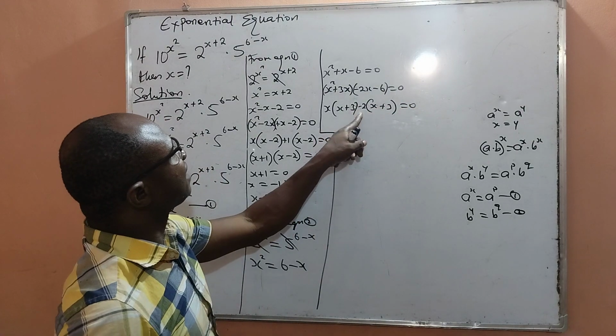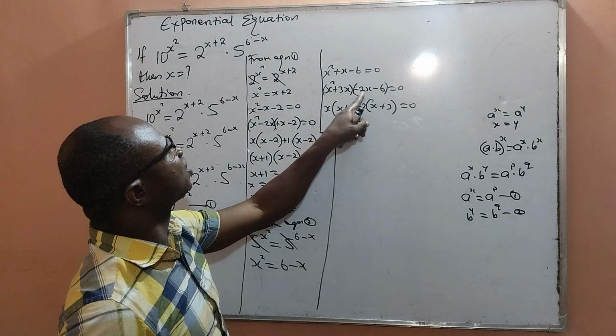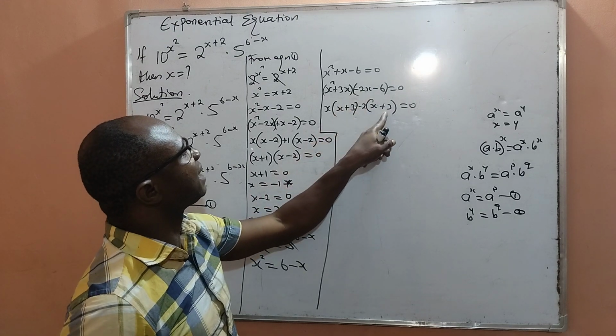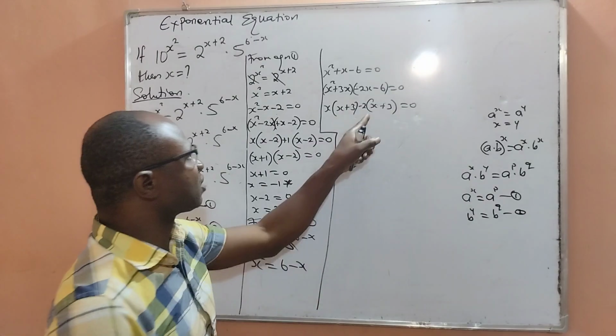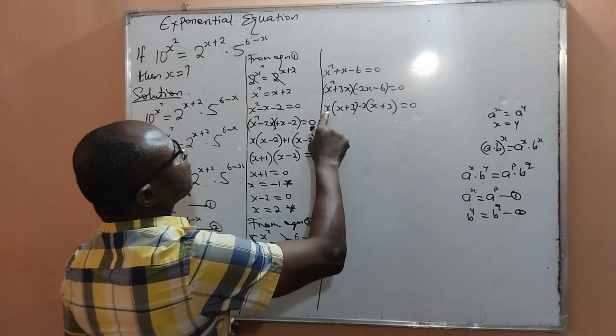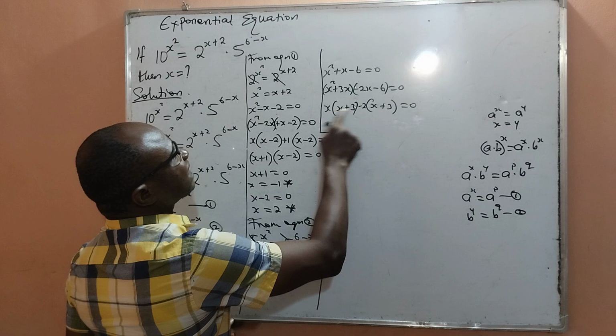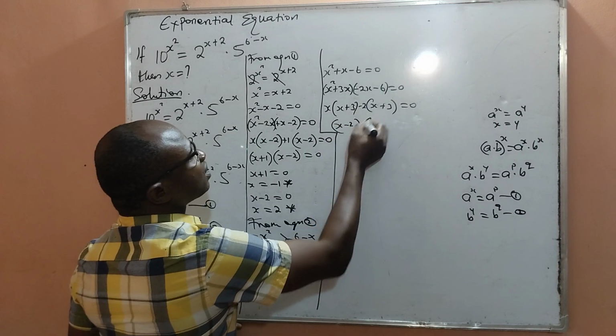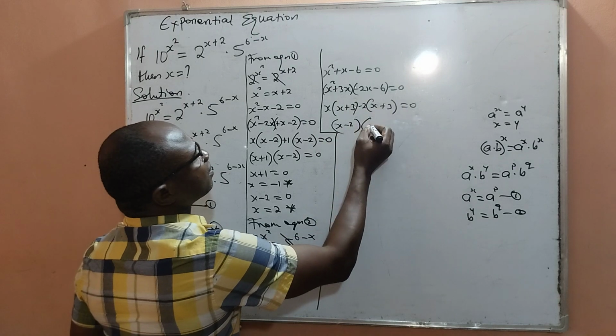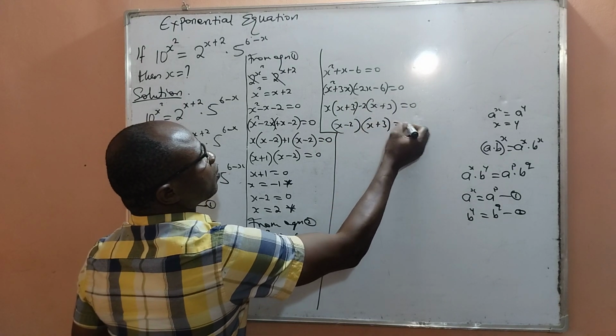Minus 2 multiplied by x will give us minus 2x, and minus 2 multiplied by plus 3 will give us minus 6. So that is very correct in the second bracket. Now, forming another bracket with the external terms, that is x minus 2, and then taking one of the brackets, x plus 3 equal to 0.